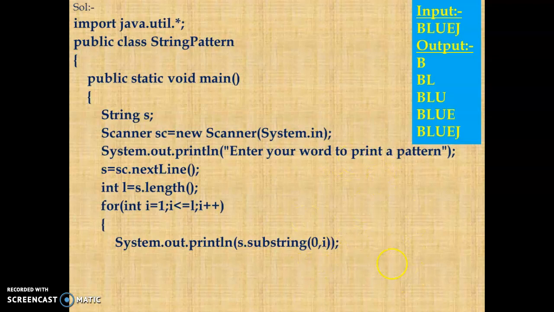So in this case, I start from 0 always, because you see it always starts from B. The starting position is 0. So it always starts from 0, and the first time only one character we have to take. From 0 to 0 we can write, but next time 0 to 1, 0 to 2, like this.